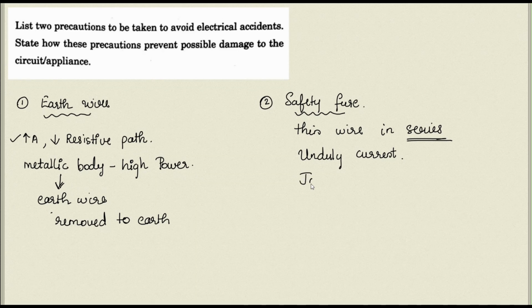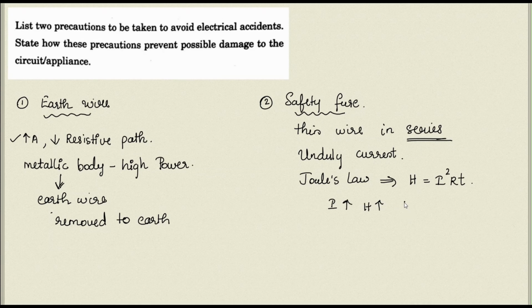According to Joule's law of heating, we know that H is equal to I square RT. That means heat energy will be produced through the circuit or the conductor when excess amount of current passes through it for an amount of time, right? So when excess amount of current enters the circuit due to any voltage fluctuations and all, automatically heat energy will be produced, isn't it?